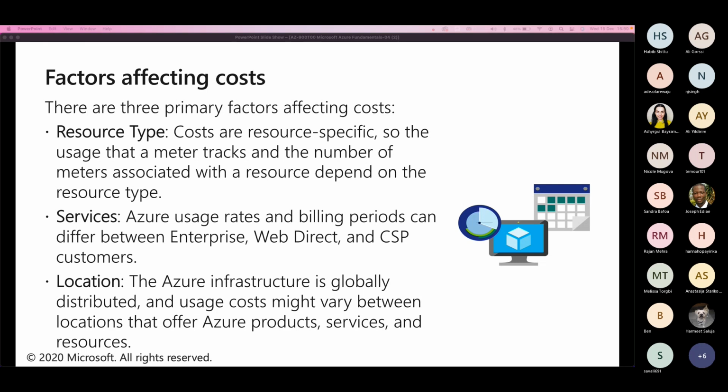That affects costs too, as the Azure infrastructure is globally distributed, and the usage cost might vary. There is a cost difference between locations for the Azure products and services they offer.